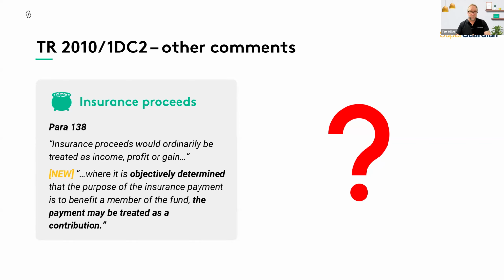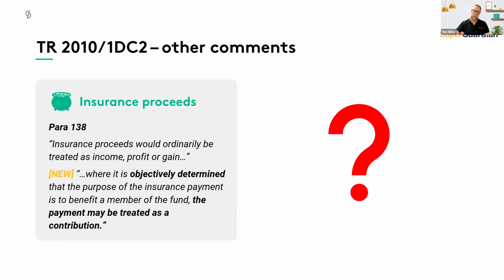What is interesting, and this is a little bit off tangent because it's not really a gnarly thing, is that in their contribution ruling they're referencing insurance proceeds as income, profit, or gain. But where it's objectively determined the purpose of the insurance payment is to be a benefit of a member, the payment may be treated as a contribution. So what they're also doing with this ruling is they're starting to make us question other elements, not just straight out purchases.